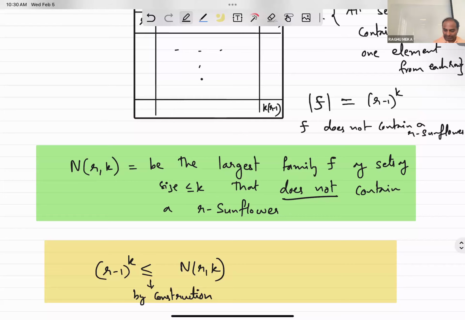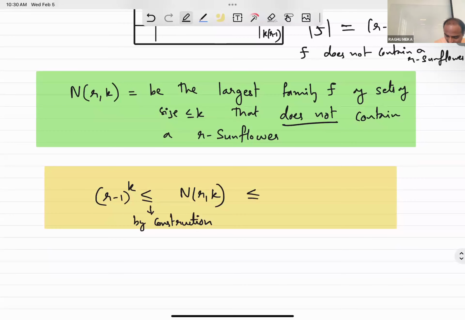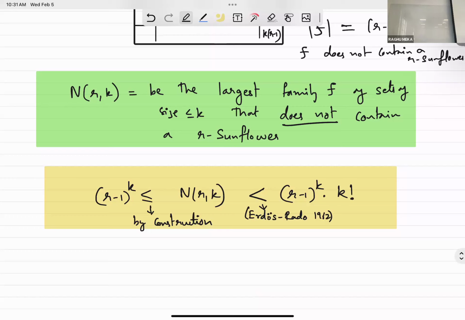Okay, and also by the Erdős-Rado theorem, we know that this is at most R minus 1 to the k times k factorial. Okay, so there was this huge gap by a factor of k factorial between these two.